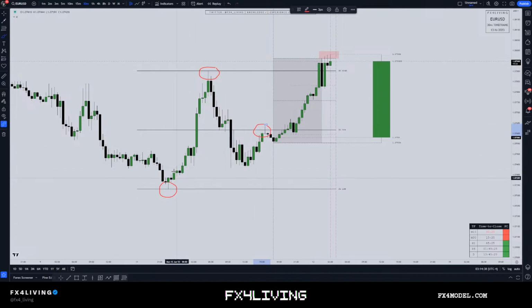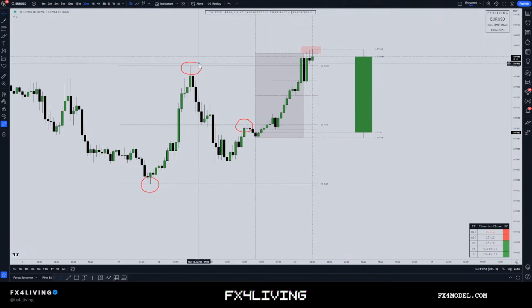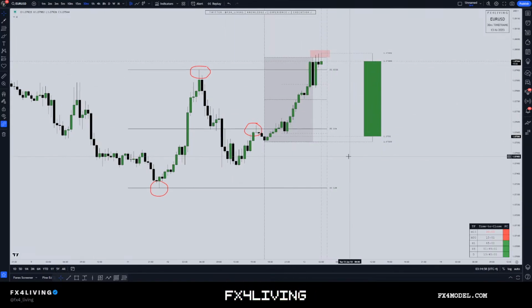So already we have a lot of data. We know where the liquidity can be just because of that. This is what I use almost all the time: the previous daily high, previous daily low, and previous daily 50%.